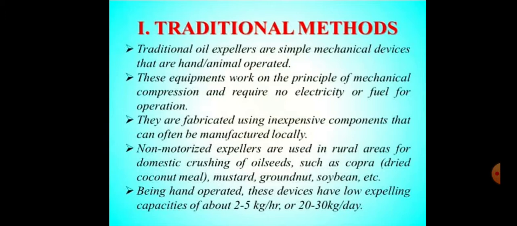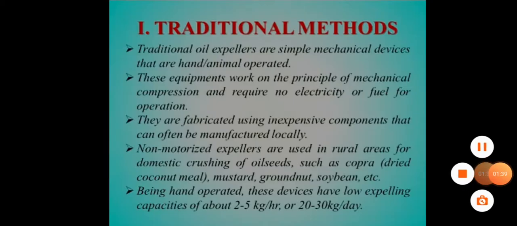They are fabricated using inexpensive components that can often be manufactured locally. Non-motorized expellers are used in rural areas for the domestic crushing of oilseed.